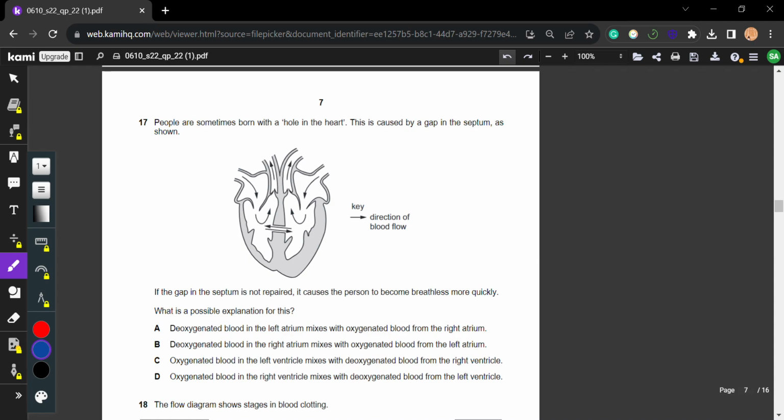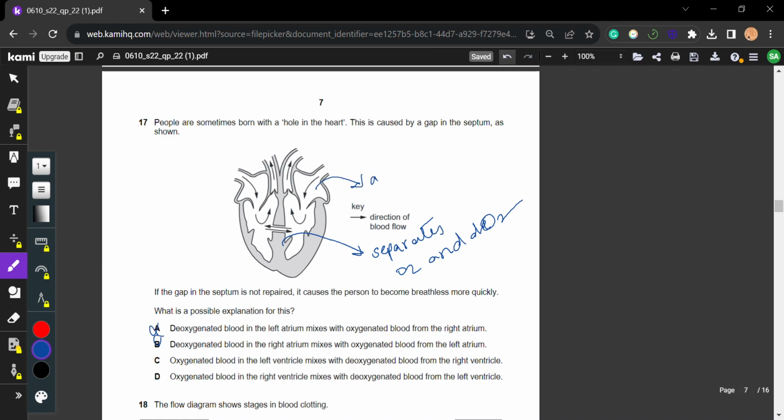Now for this, you need to know what the septum does. The septum separates the oxygenated blood and the deoxygenated blood. Now you need to remember that deoxygenated blood is present in the right side. Now look over here. It says atrium, so it's definitely wrong because this is the ventricle. These are the atria.